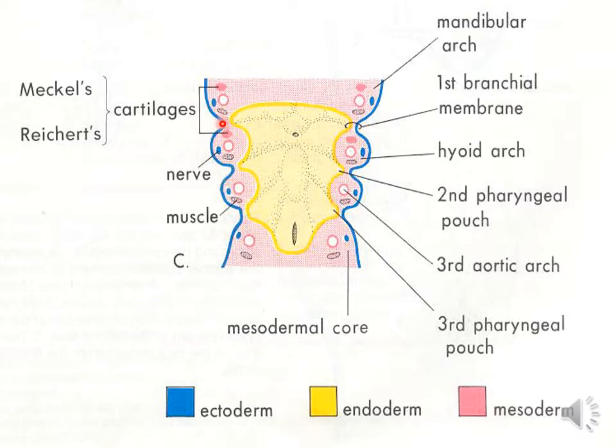Here are the clefts. This area represents the clefts corresponding to the pouches, and approximation of this area at this side represents the pharyngeal membrane. You can see all the arches have the same components on both sides. This is the cartilage, nerve, and artery. And this is the membrane, approximating the ectoderm from the outside and the endoderm from the inside.